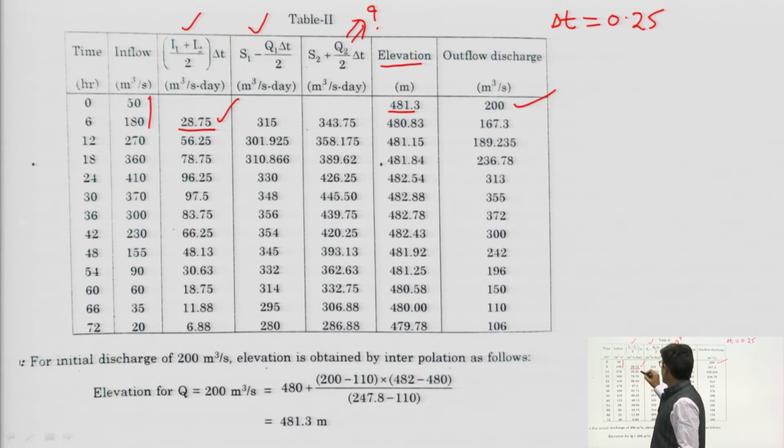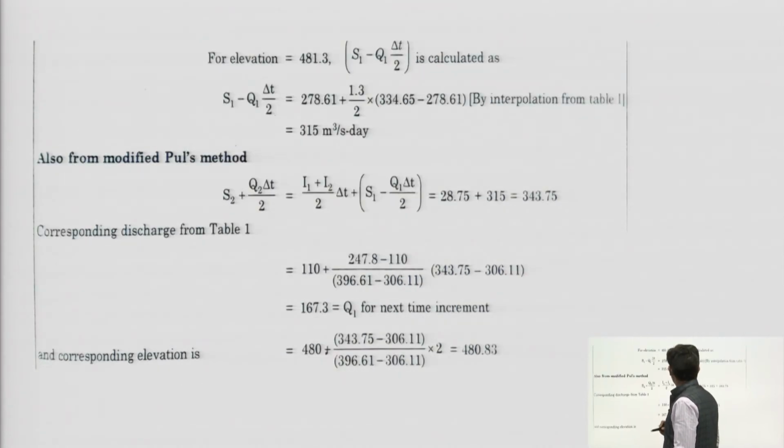Similarly, 56.25, with I1 and I2 as these values. Then S1 minus Q1, that value will be calculated.